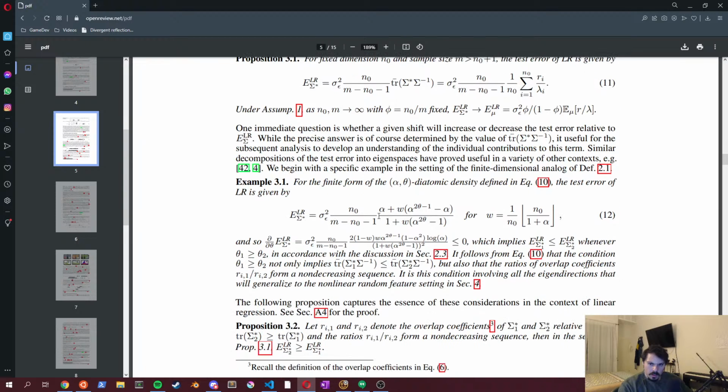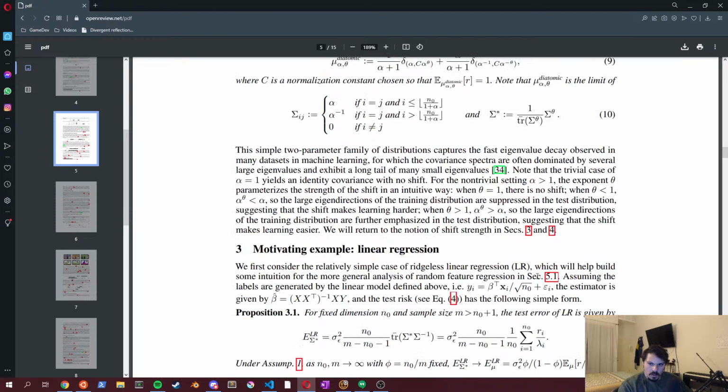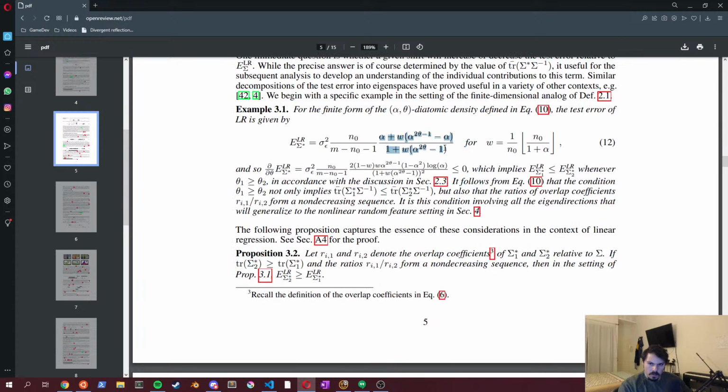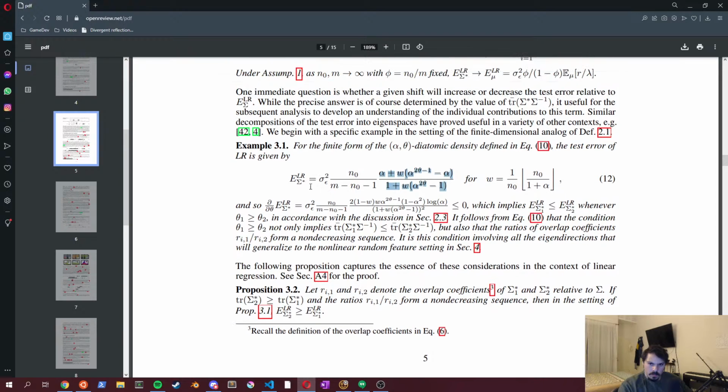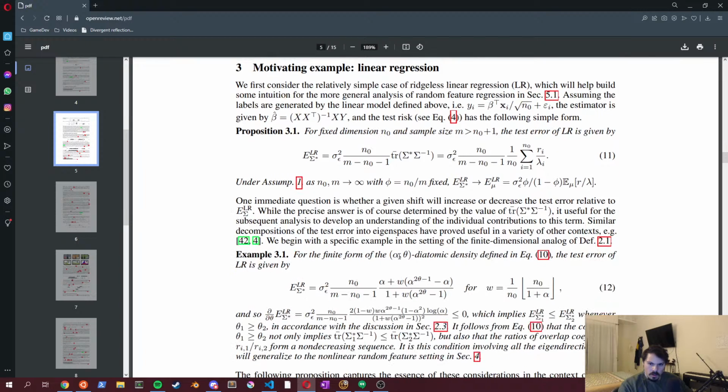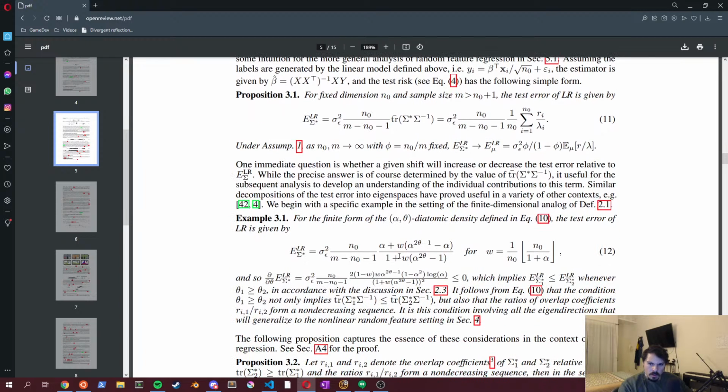So they write this again. They just basically replace this sum here with this term, which is also the same as that trace. And they say W is 1 over n naught times the floor n0 1 plus alpha.